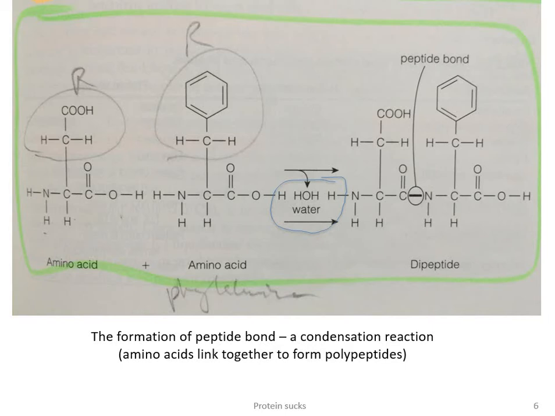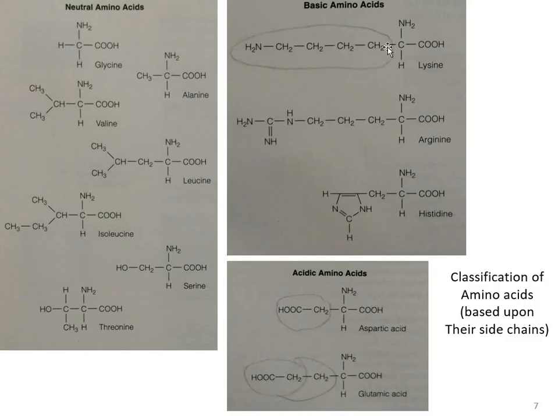Classification of amino acids, as mentioned before, they can be neutrals: valine, glycine, alanine, leucine, isoleucine, serine, and threonine, all neutral. The basics are basically the very famous lysine, because of this particular R group here, that the N there, NH2, is what makes lysine basic.